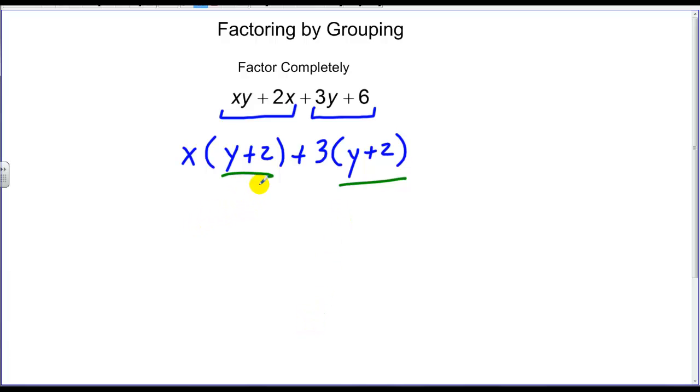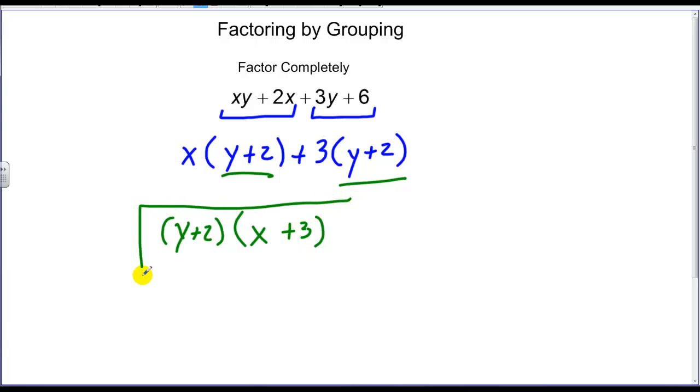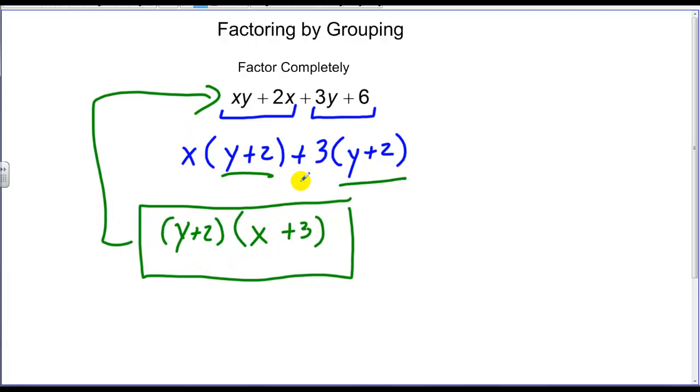So I could actually factor out that y plus 2 and say y plus 2 times what is x times y plus 2? That's just x. And y plus 2 times what is 3 times y plus 2? That's just 3. So this term is my completely factored version of my original. Factoring by grouping is basically two GCF factorings.